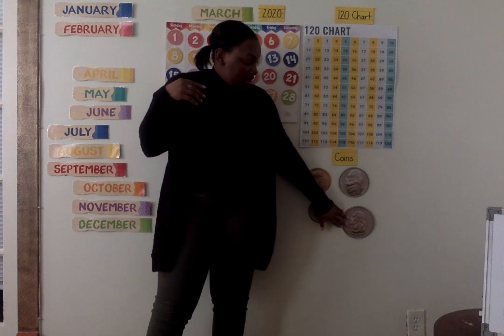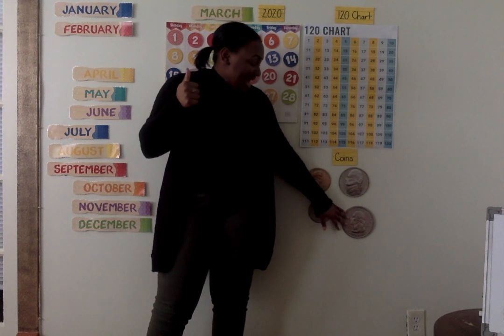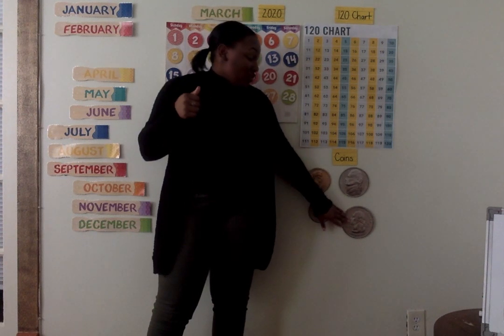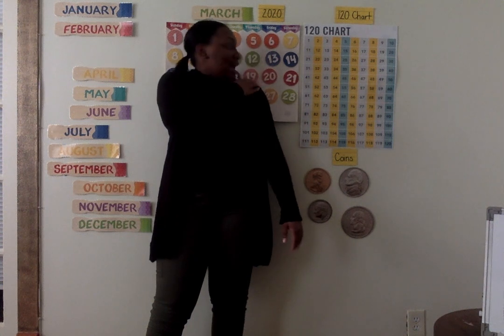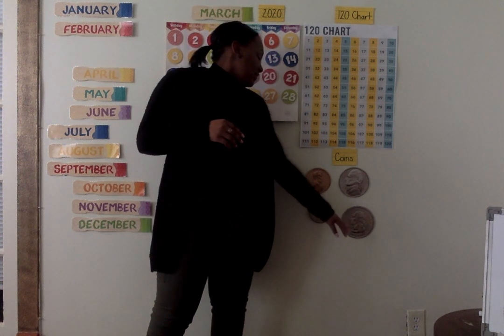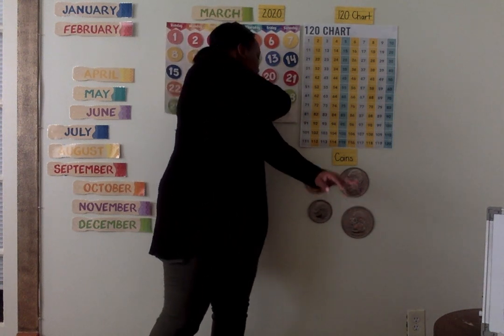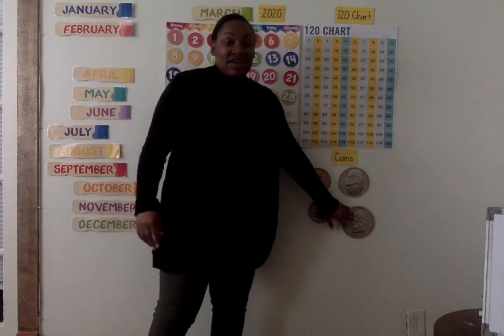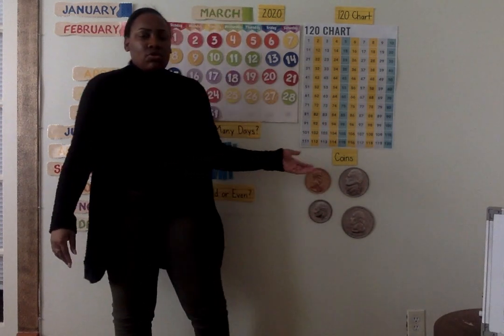This is called a quarter. How much is it worth? Show me with your hands in 3, 2, 1. 25 cents. Give yourself a pat on the back if you got that right. Ooh, Miss Ross got stuck to the calendar. But how do you know it's a quarter?